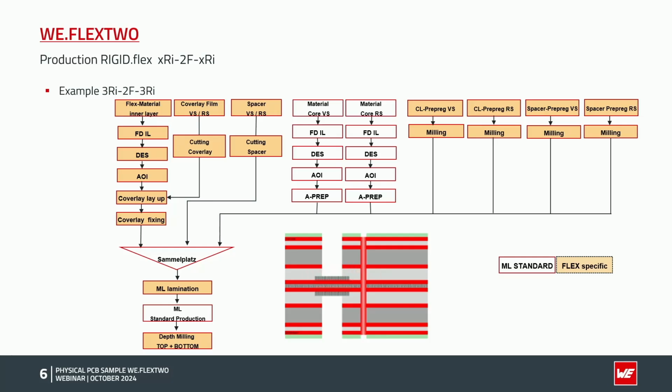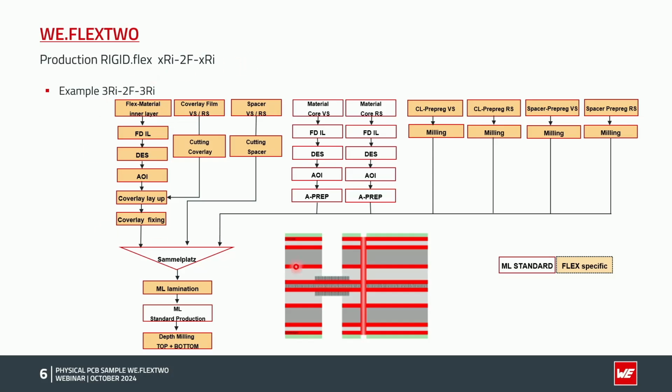resin flow. What you see here, the white colored, is a standard multilayer process for rigid materials. You have to use this as well in the rigid flex boards. These are these two cores here on the upside and downside.